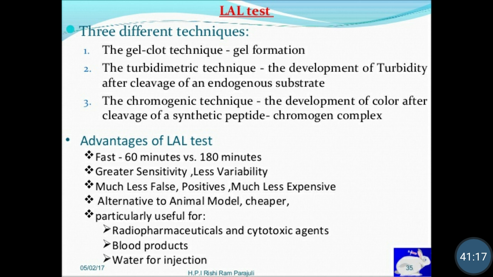If the solution flows from the test tube, what does it mean? Gelling has not occurred, meaning pyrogens are absent in the solution. But if the solution does not flow from the test tube, it means gelling has occurred. Why does gelling occur? Because pyrogens are present in the test solution. Okay, this is the simple procedure and principle of the LAL test.